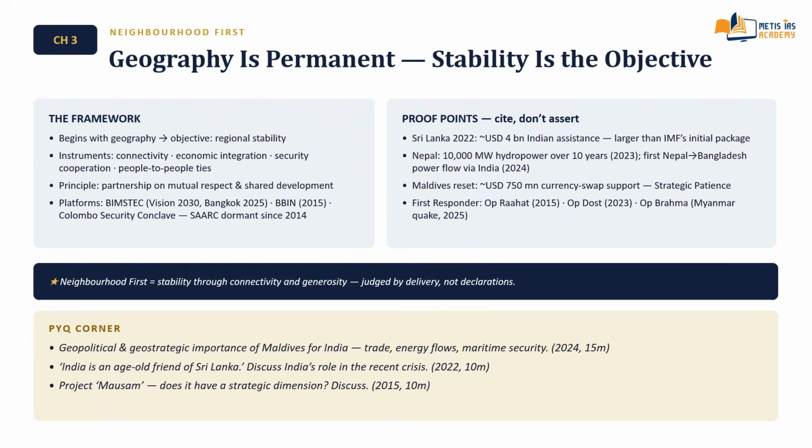MAHASAGAR was announced during the PM's Mauritius visit in March 2025. Coming to foreign exchange reserves: 701.4 billion US dollars as of January 2026, according to the Economic Survey.